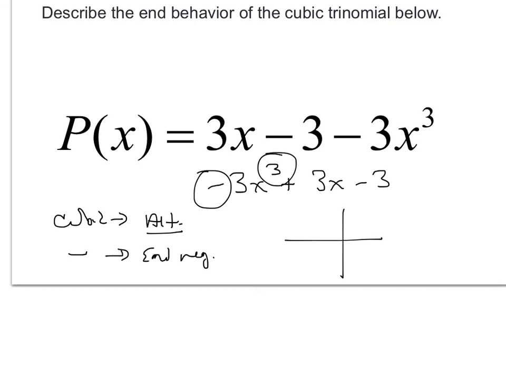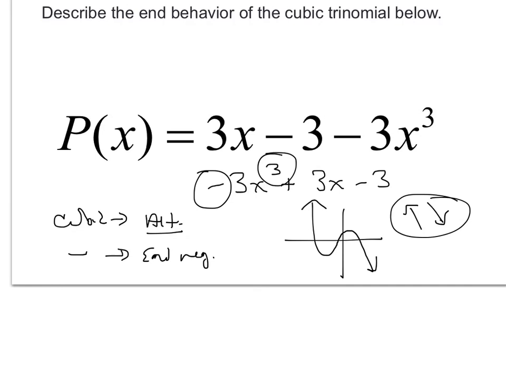So draw a quick picture of the graph. It doesn't matter if this fits the actual equation, we're just looking for the general shape. I look at the picture and I know that it is positive to the left and negative to the right. And that is my end behavior.